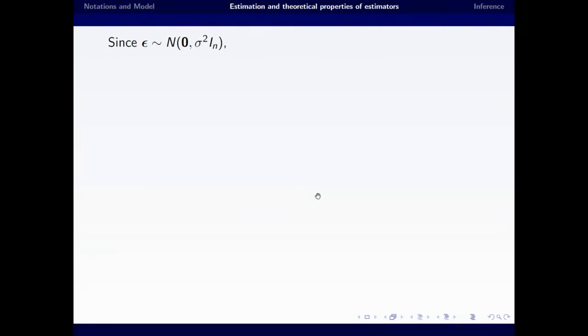And then epsilon follows the multivariate normal distribution with mean 0 and variance sigma squared times the identity matrix.